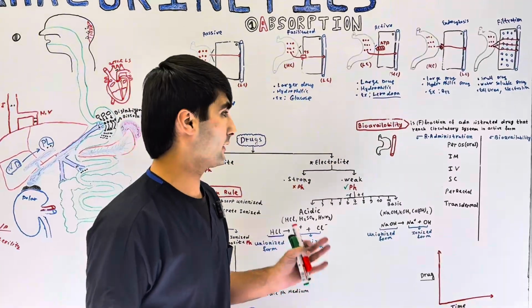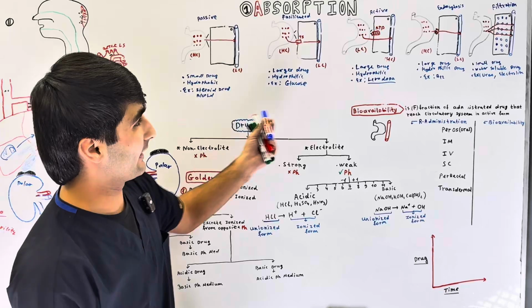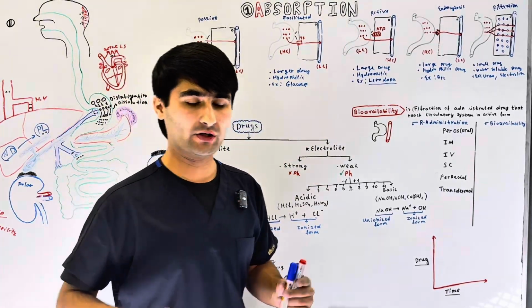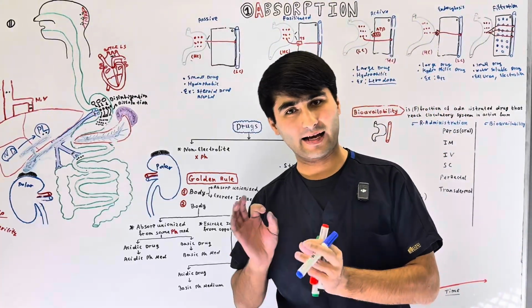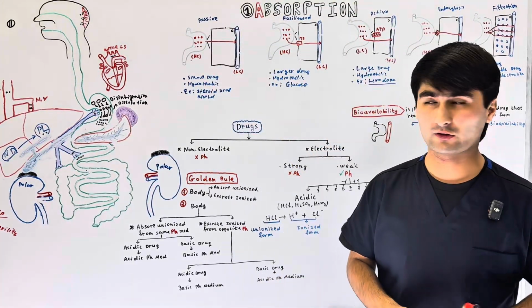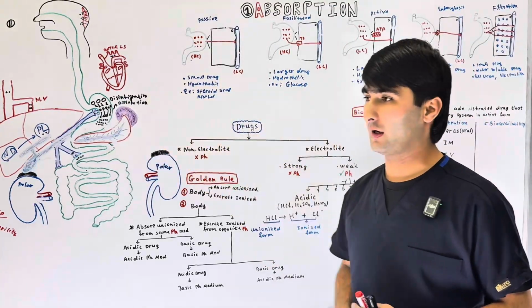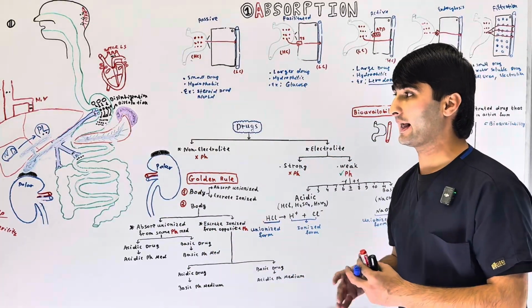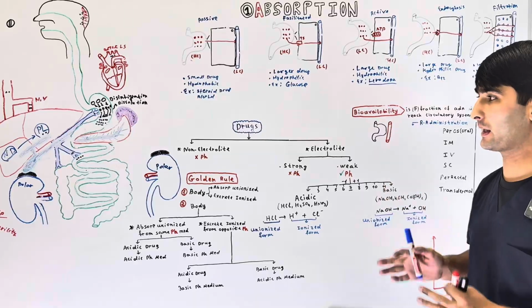Now let's go on to the factors that affect each type of absorption mechanism. There are many factors, like the size of the drug, the formulation of the drug, the surface area of absorption, and also blood flow. Then there is the pH.